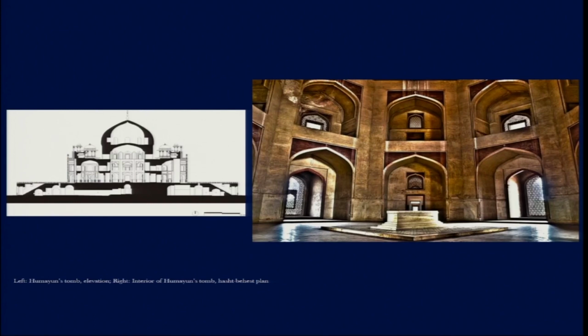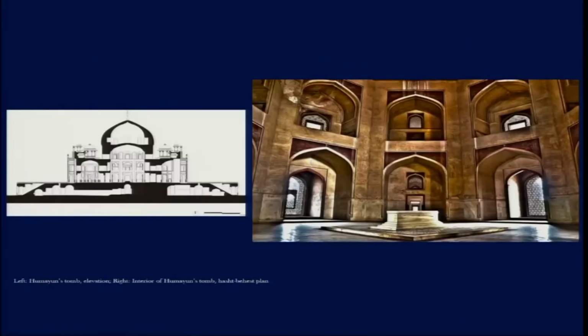For example, within the tomb structures, of course within the Hasht Bihisht plan, and even later on, when we see some of the fabled thrones, for example the peacock throne of Shah Jahan, even there we find this octagonal plan has been carried out.